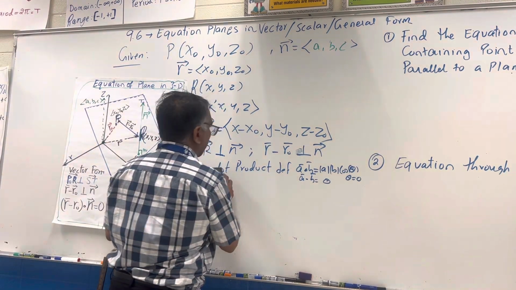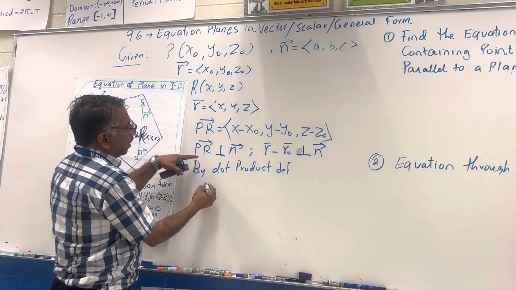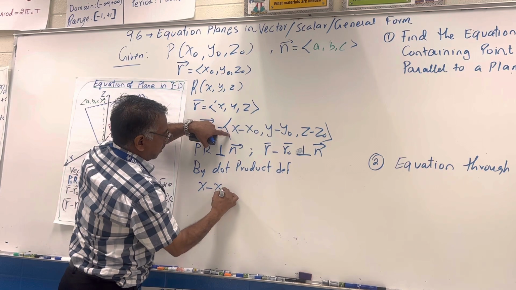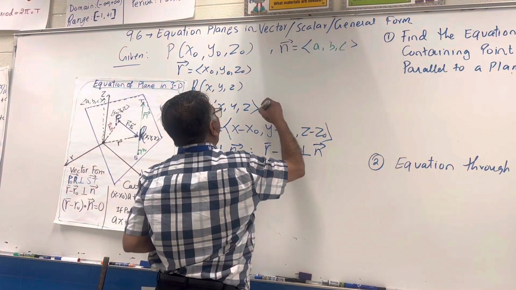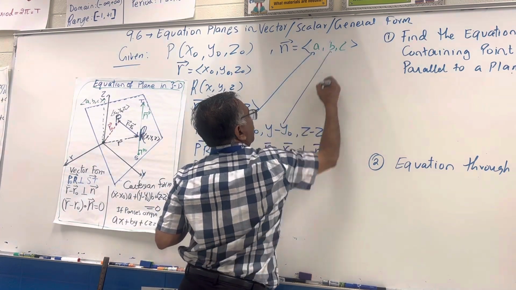Okay, so by the dot product definition, now what's going on is your PR, this part, see this? So x minus x naught is like your component from this, and this is getting multiplied, see this too?